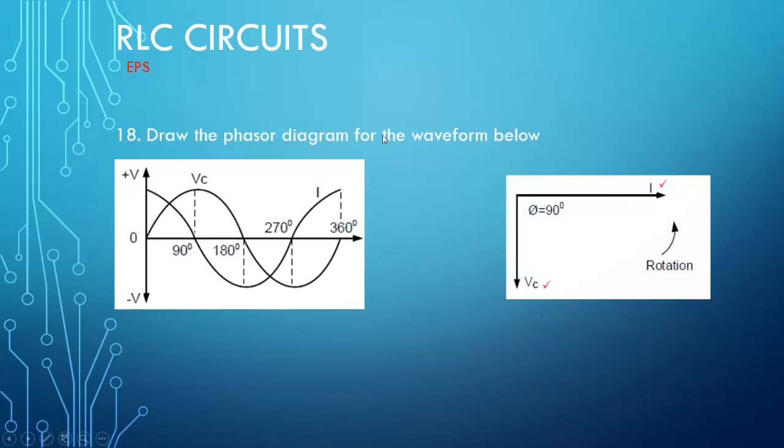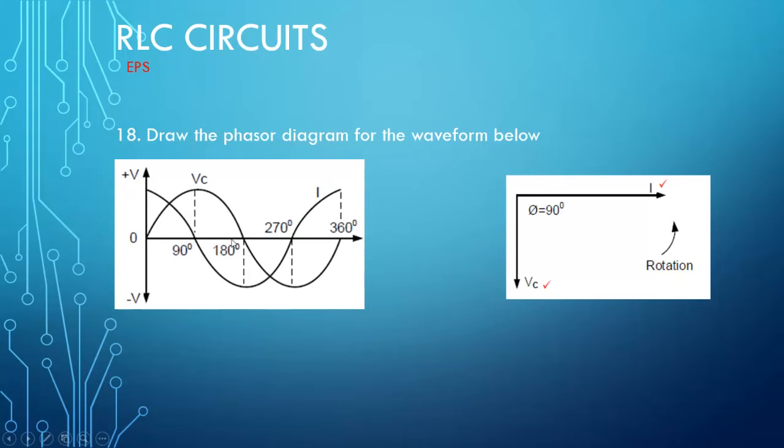Notice here that if we were to look at the I, that is the I value, and this is a V. So let's look at this point and this point.